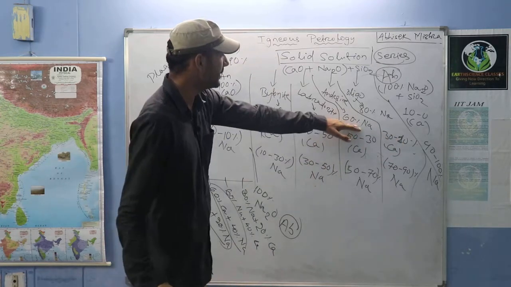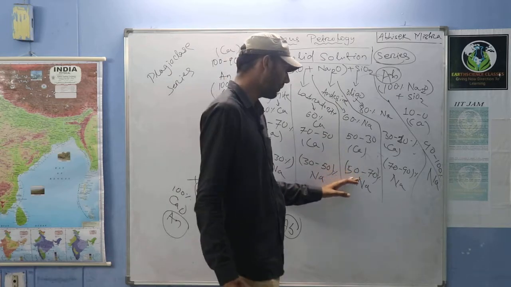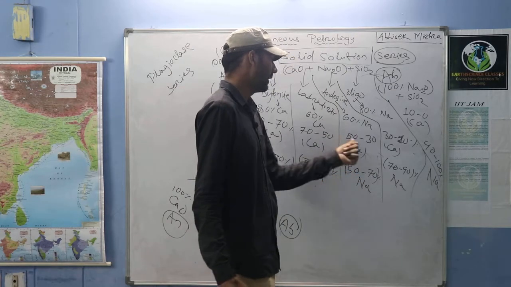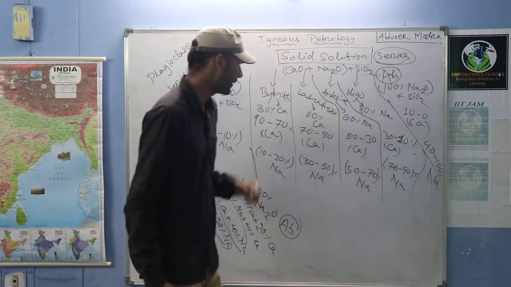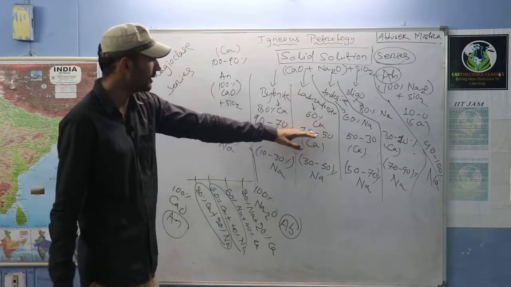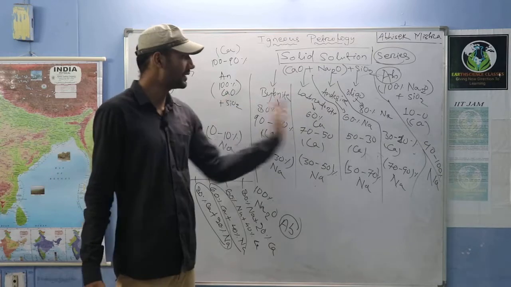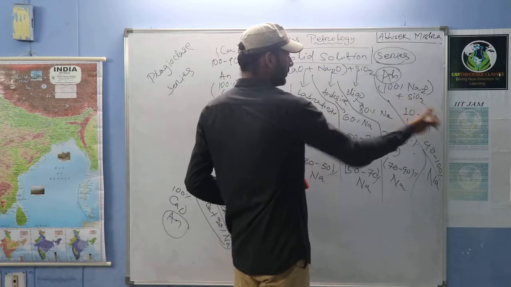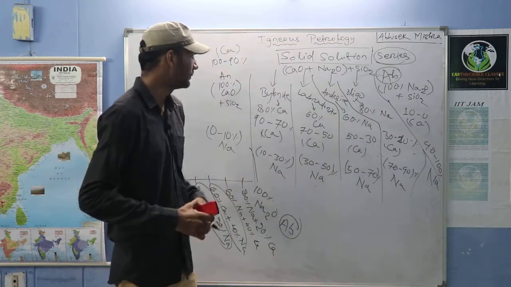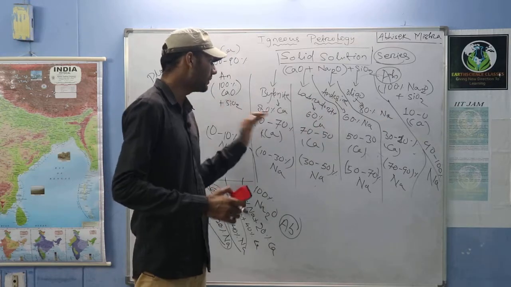In case of andesine, similarly it is 50 to 70% sodic and 30 to 50% calcic. In labradorite it is calcic. From labradorite to anorthite it is calcic. From andesine to albite, that is sodium rich. Here calcium rich.